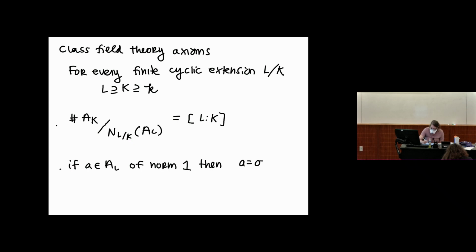Here, a finite cyclic extension means that the Galois group of L over K is cyclic, generated by some sigma. And that's all you need. That's all that we used.